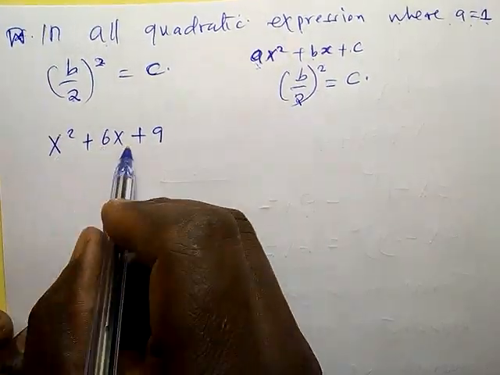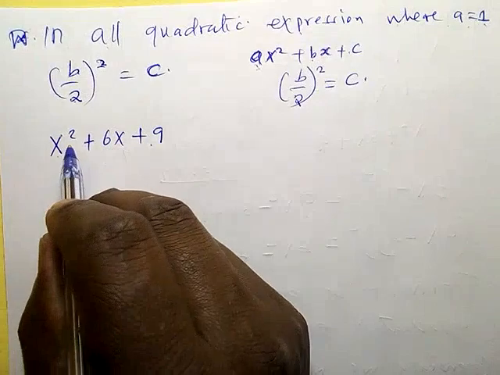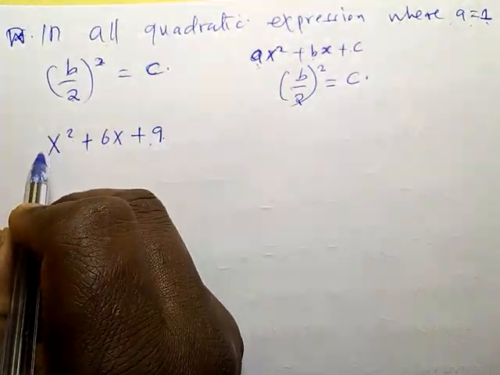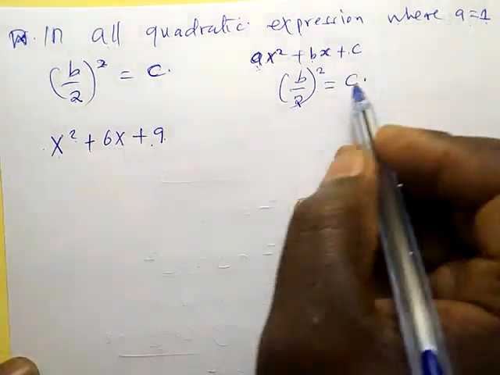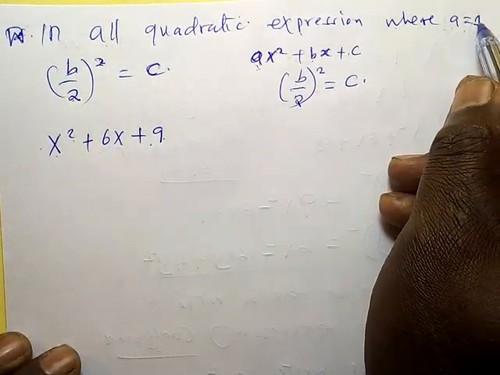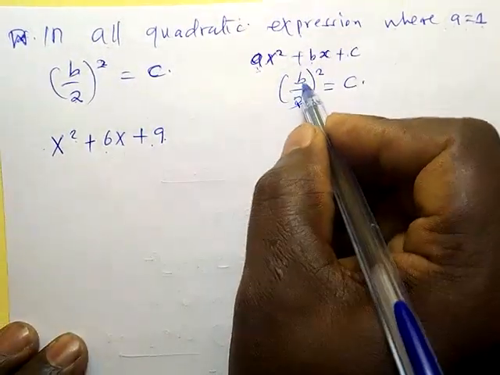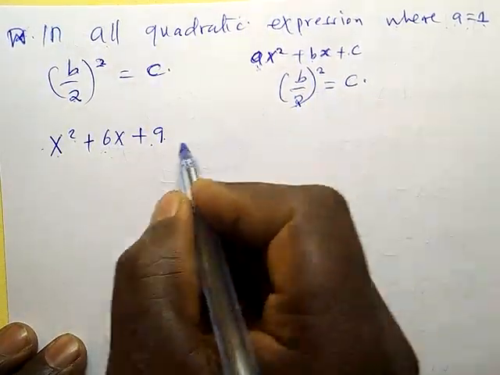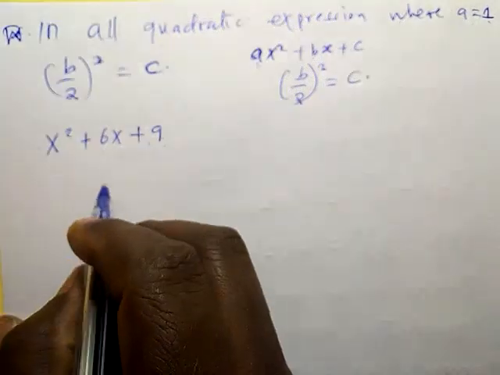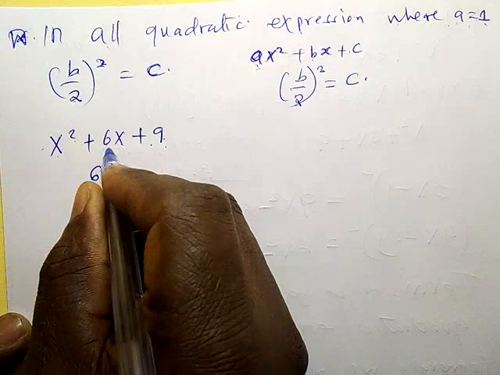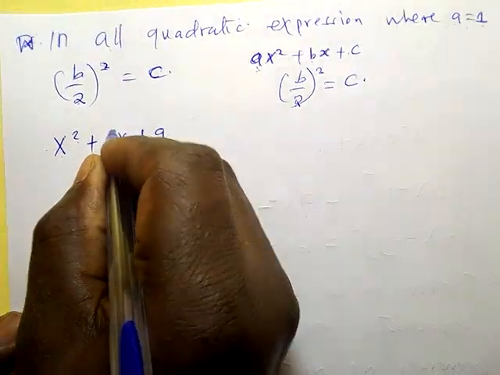Let us look at this expression here: x squared plus 6x plus 9. The coefficient here is 1, right? Meaning a equals 1. So we want to confirm that (b divided by 2) squared should be 9. So let us go on and confirm. 6 is our b.